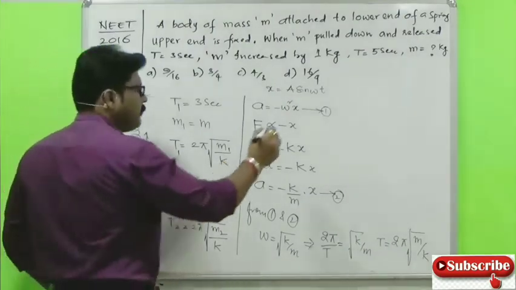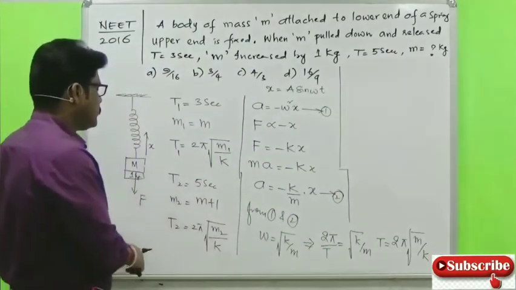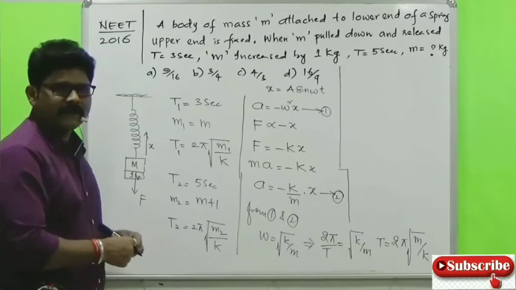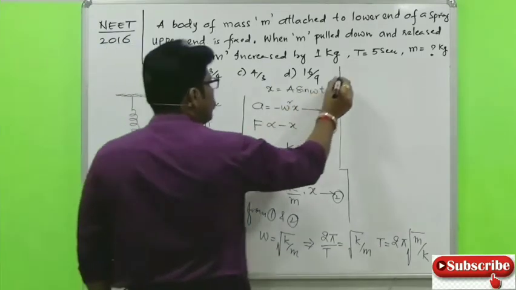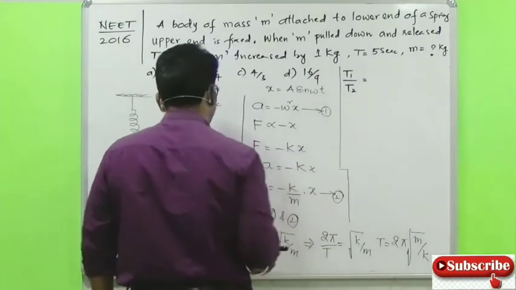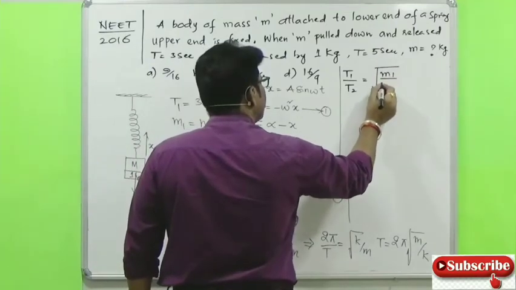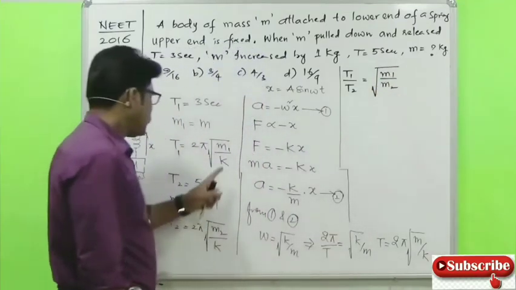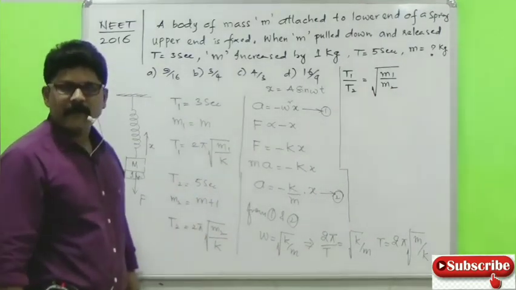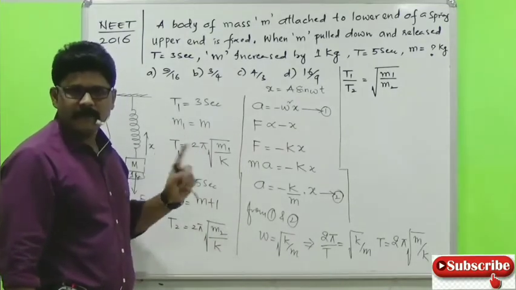We can divide both the equations. If you divide t1 by t2, the 2 pi cancels. Then t1 by t2 equals under root of m1 by m2, because k and 2 pi cancel. So what remains is under root of m1 by m2 equals t1 by t2.